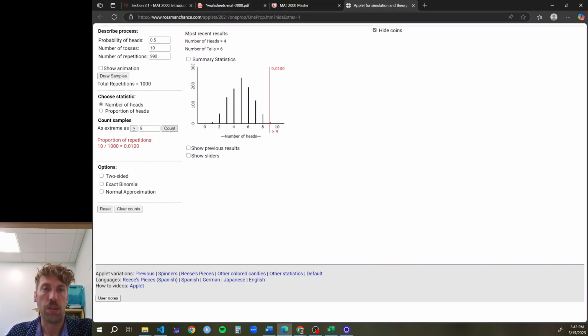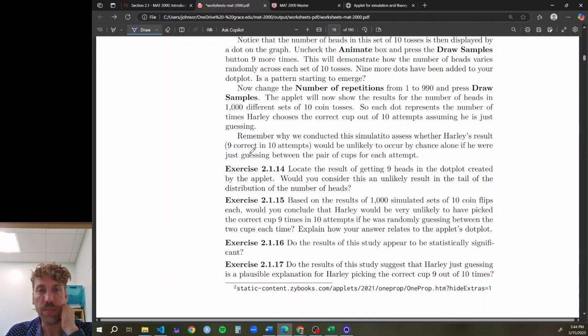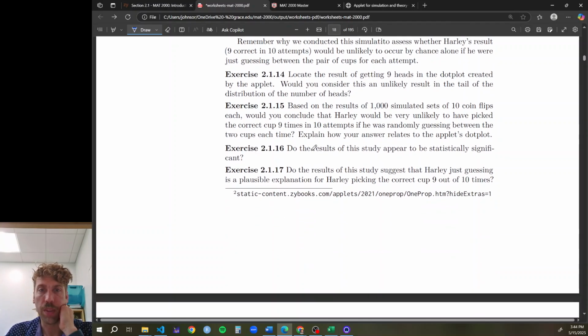So 10 times out of 1,000 is roughly how often you'd expect Harley to get 9 out of 10 correct if he was just guessing. So 10 out of 1,000 times is not very likely. We'll teach you some general cutoff points, but this is way past the cutoff point, so you should be able to use your common sense for this one.